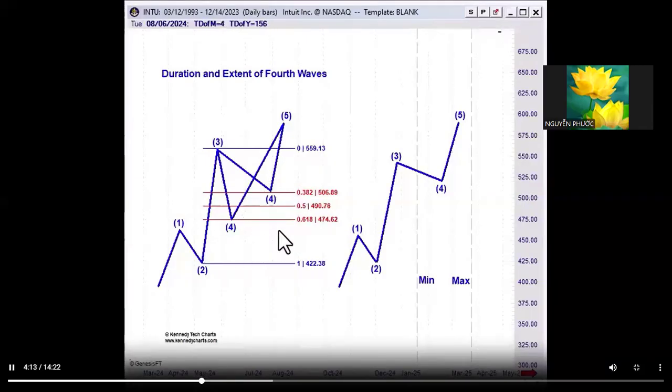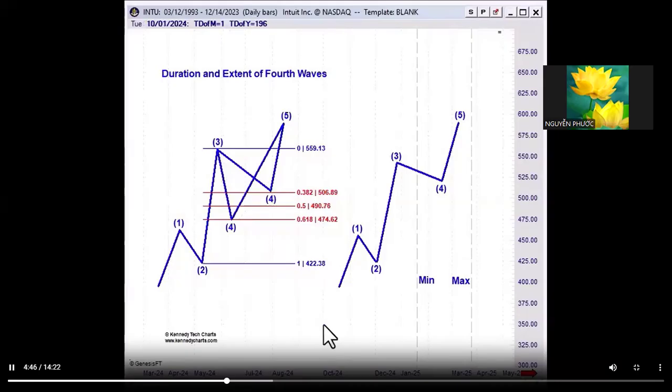So that fourth wave essentially is a balance of price and time. Whatever we do in time, we don't do in price, and whatever we do in price, we don't do in time. So if you have a very quick, very fast fourth wave move, as exhibited here, then its retracement of wave 3 is going to be deep. If you have a very long-lived wave 4, perhaps something you might encounter if you're working a contracting triangle fourth wave, then its retracement of wave 3 is going to be shallow.